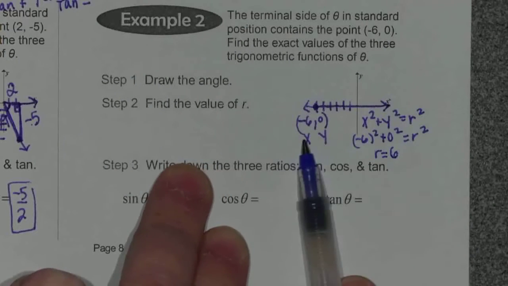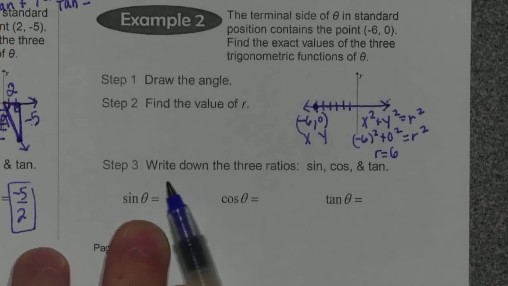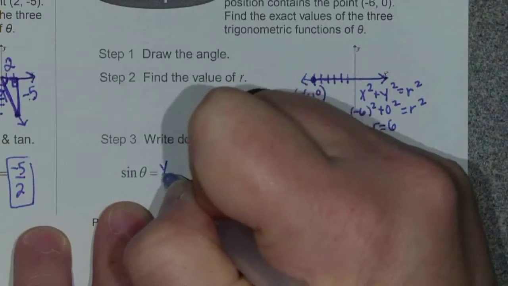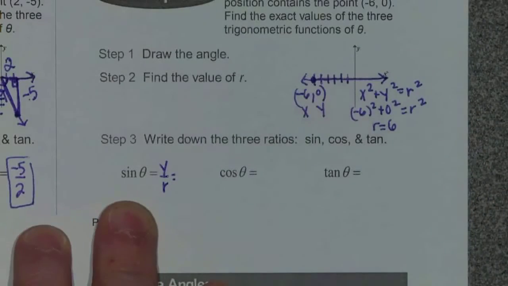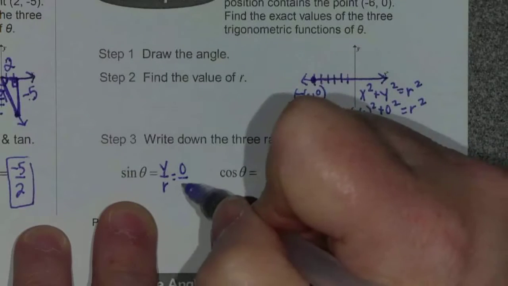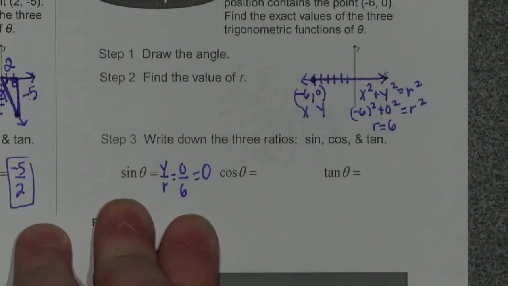So if I know x and I know y and I know r, can I use those rules that we just said to find sine? Do you remember that sine is y over r? So it's going to be 0 over 6, which is really just 0. You following me on that?